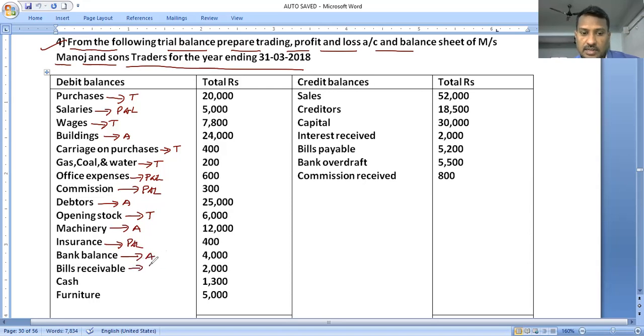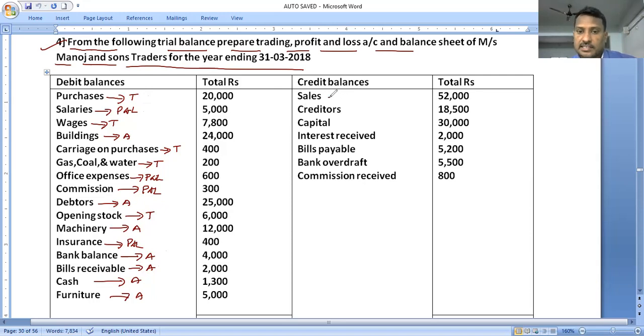Bills receivable, asset. Cash, asset. Furniture, asset. So we identified all the contents on the debit side of the trial balance: which are in the trading account, which are in the profit and loss account, and which are recorded in the balance sheet. Now come down to the credit side.